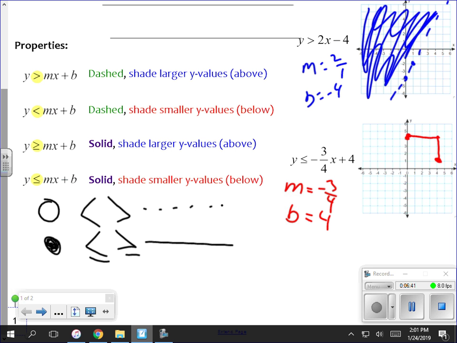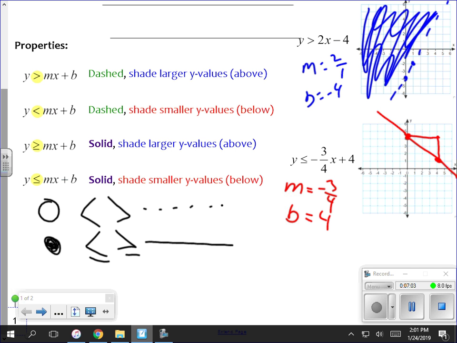And then I go, okay, this is a solid line because it's or equal to. It can be that, so I have a solid line. Is y less than or greater than?